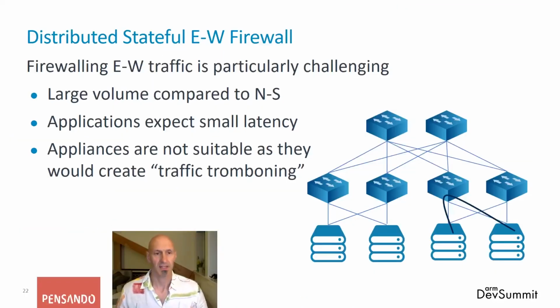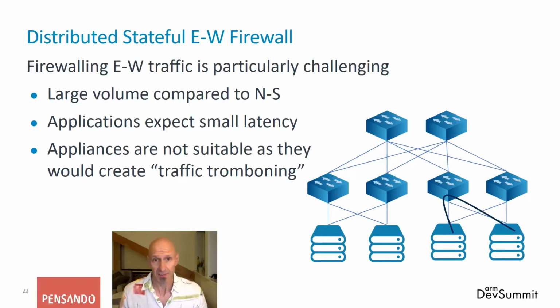Now let's look at another use case, which is the one of an east-west firewall. Now, east-west firewalling is particularly challenging, first of all because east-west traffic in the data center, as we said, is much larger compared to north-south traffic towards the internet.